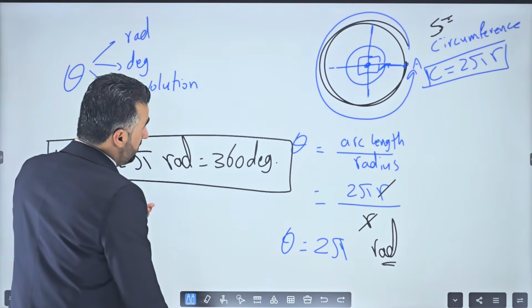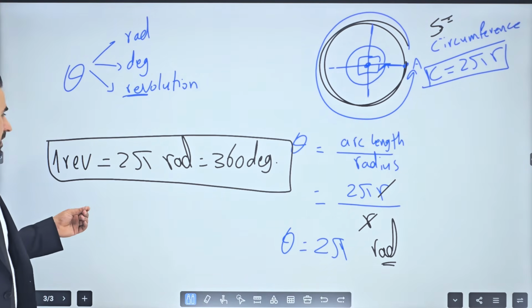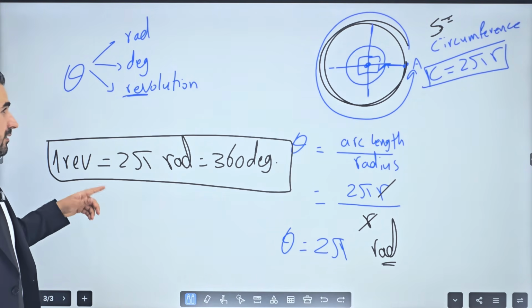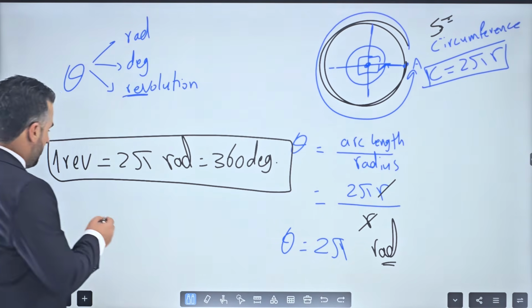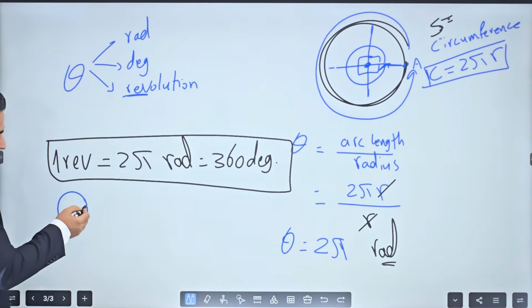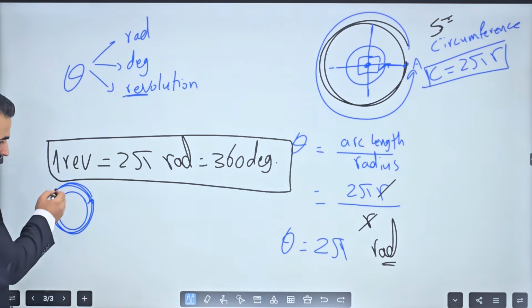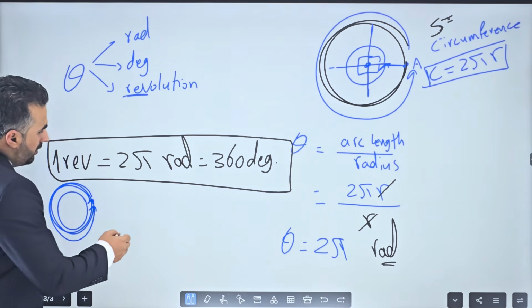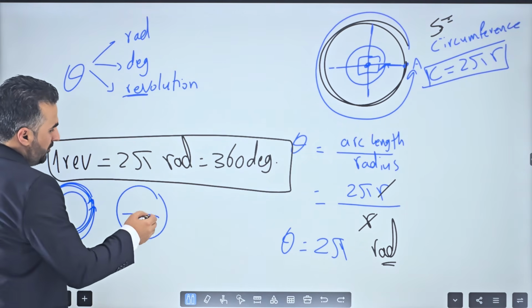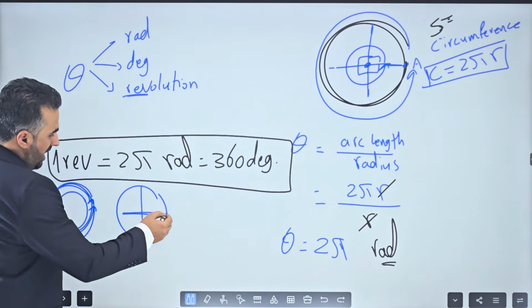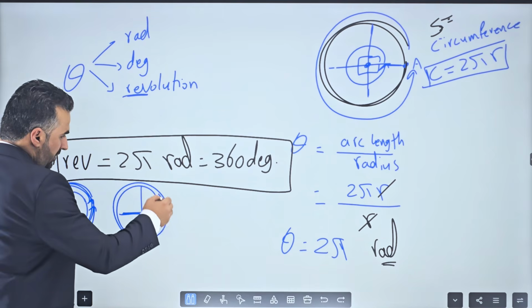We said that angles can be measured in 3 different ways. Okay, it can be measured in revolutions. For example, if an object is moving in a circle, let's say it might move in a circle once, that'll be 1 rev, or 2 times, that is 2 rev. If it is 3 times, 3 rev, or it could be, for example, measured in pi radian. So let's say the whole circle is 2 pi, right?